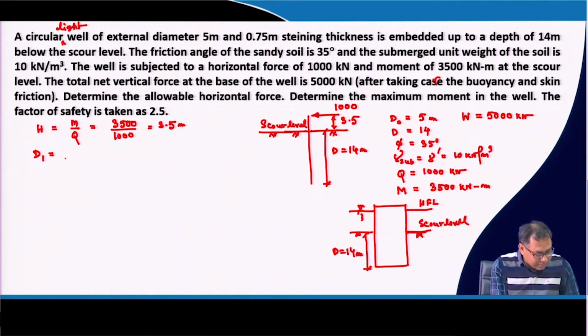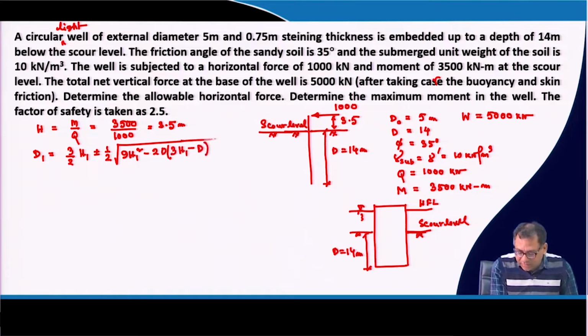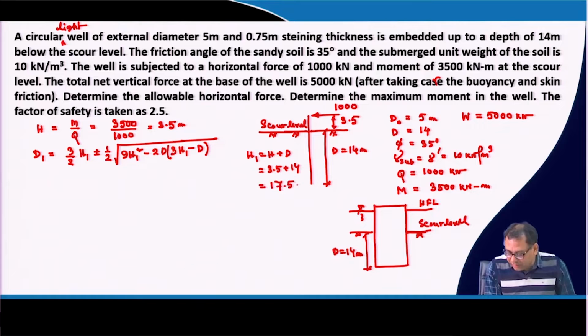So, we can calculate d1 as 3 by 2 h1 plus minus half root over 9 h1 square minus 2 d into 3 h1 minus d. Now, what is h1 here? h1 is equal to h plus d. So, h is 3.5, d is 14 meter, so this is 17.5 meter.